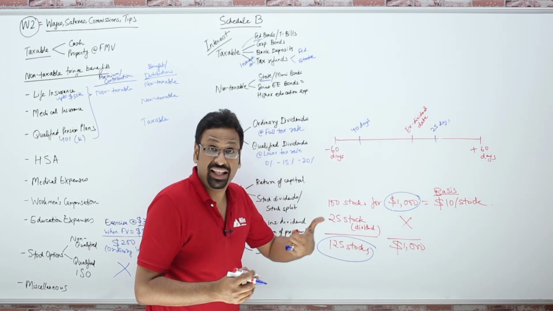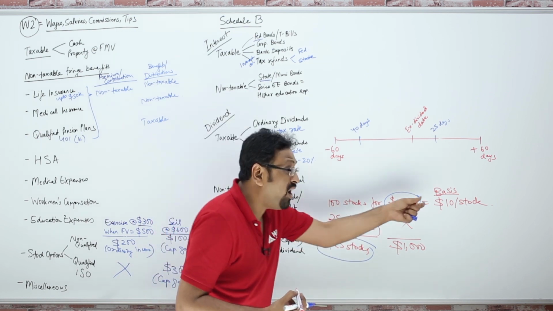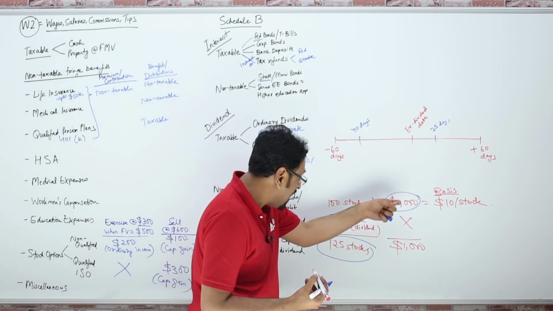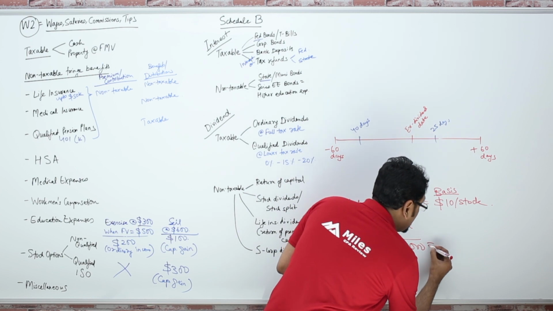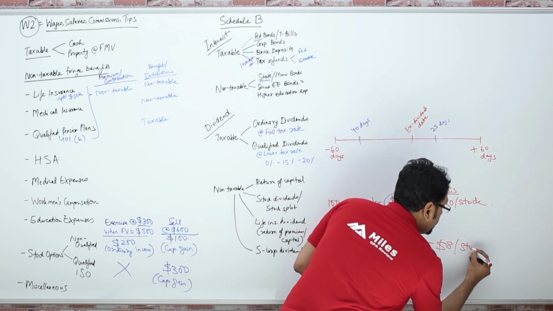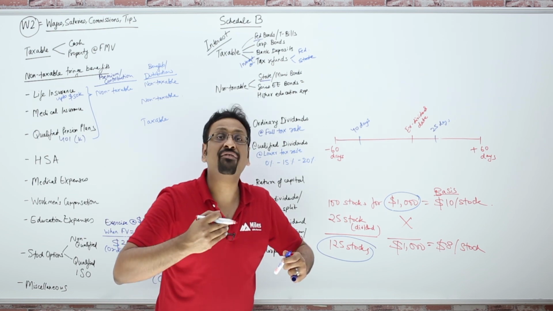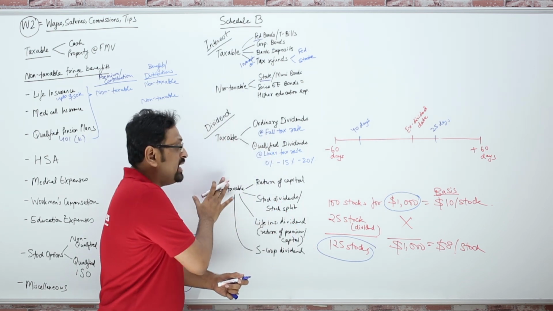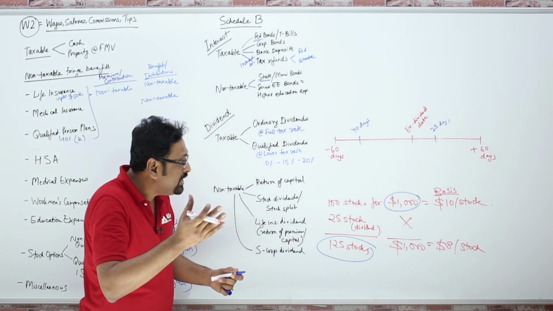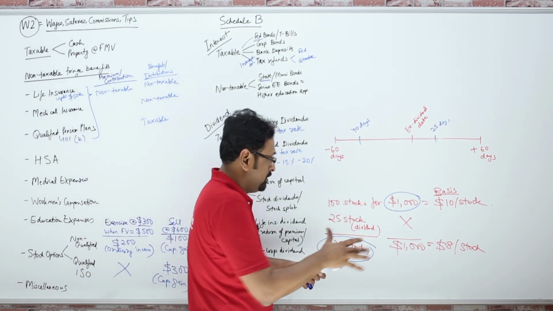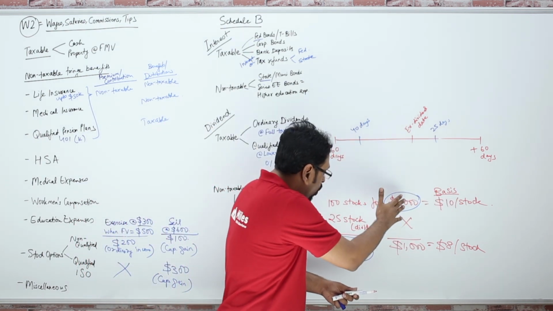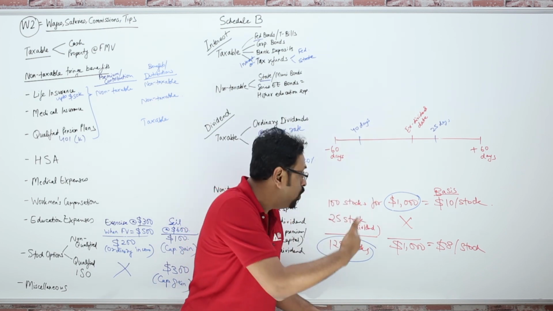So your basis in the stock is not $10 anymore. It's actually 1000 divided by 125, which is $8 per stock. You realize? So if you have a stock dividend, it's non-taxable. What you basically do is allocate the original basis over the increased count of stocks.